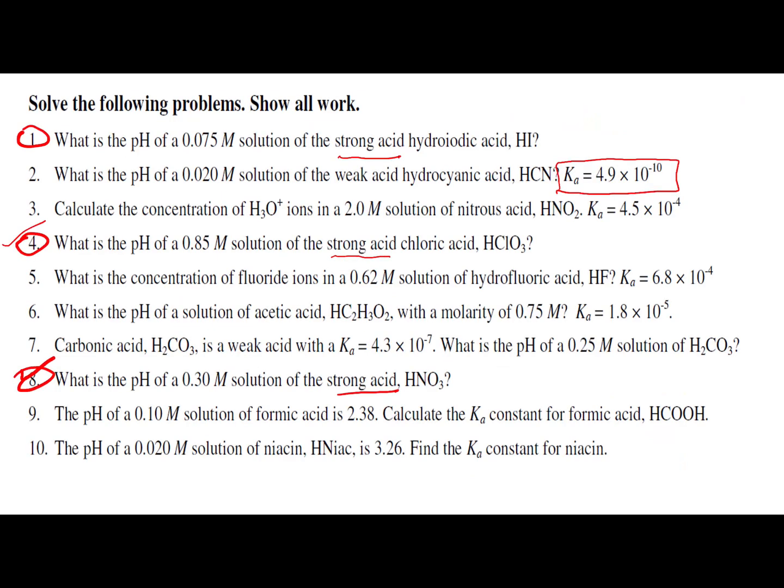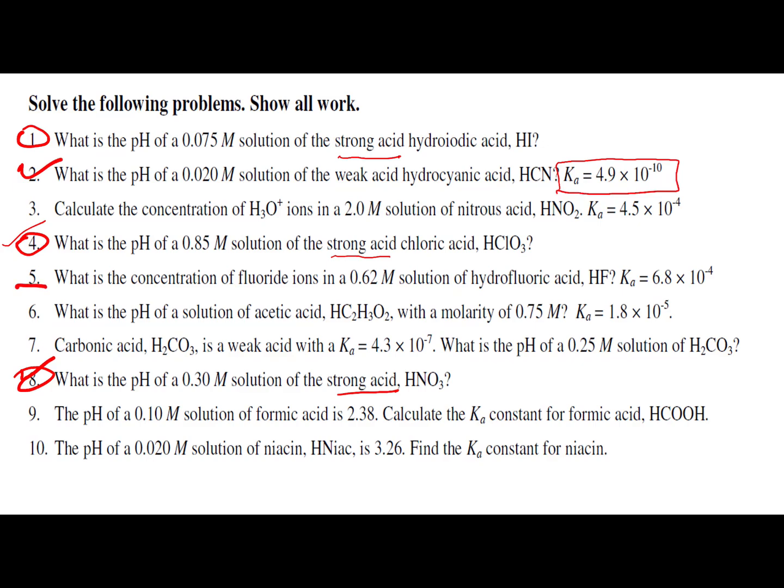So if we go back, we just did number 2. Number 3, you will make the Ka 4.5 times 10 to the minus 4 equal to x squared over 2. Solve for x, take the negative log of that, that will be the pH.